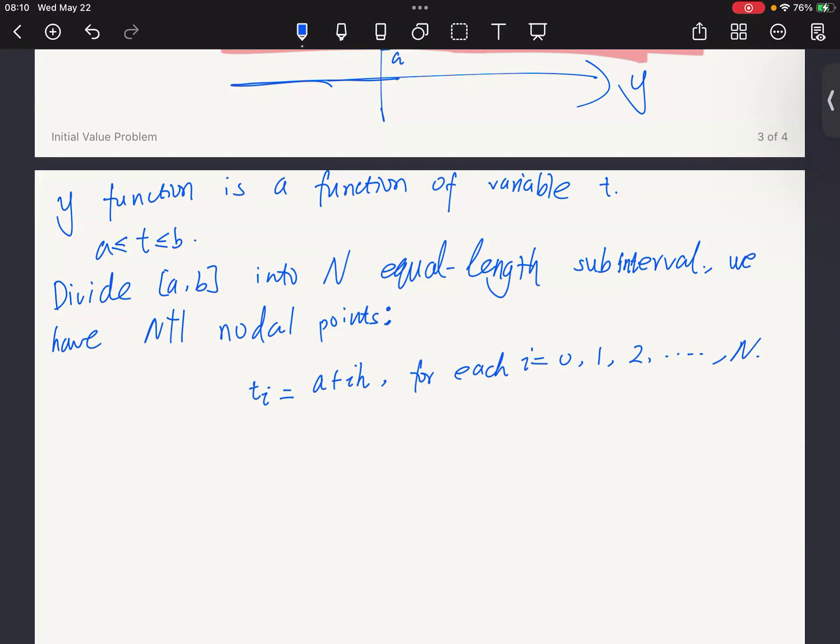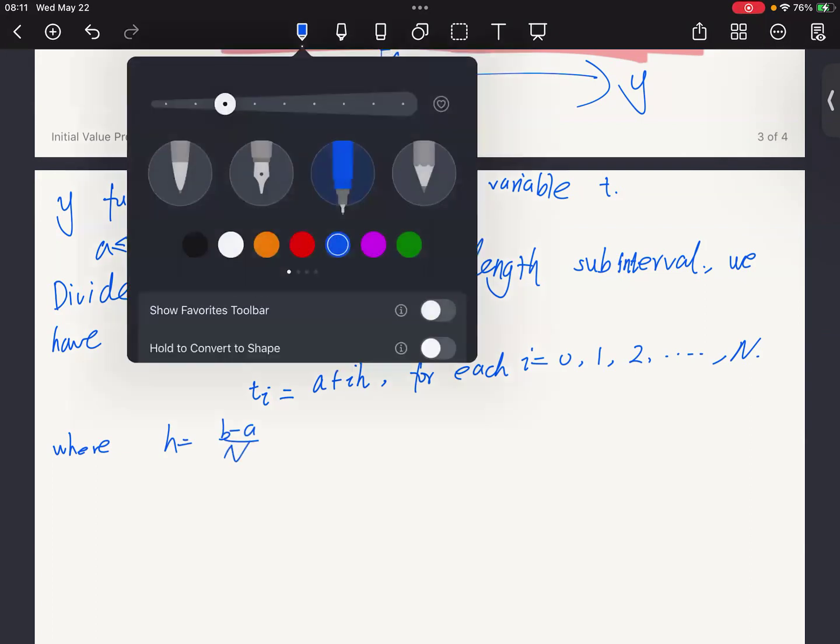And what's the step size? That is the length of each subinterval. Because we have n subintervals, h is just (b minus a) divided by n. Let me write down the things here.